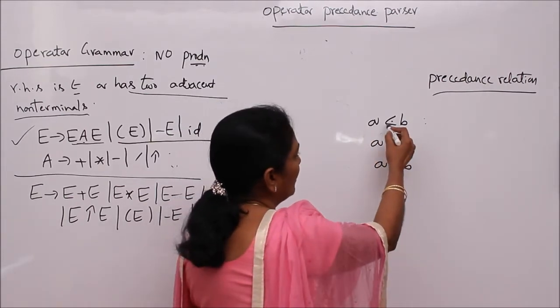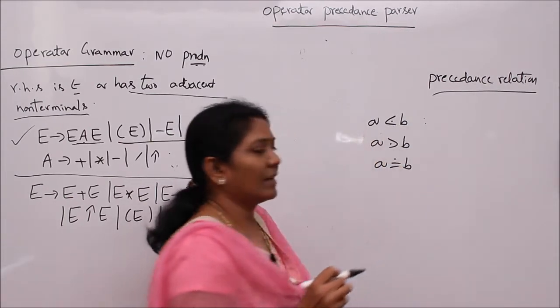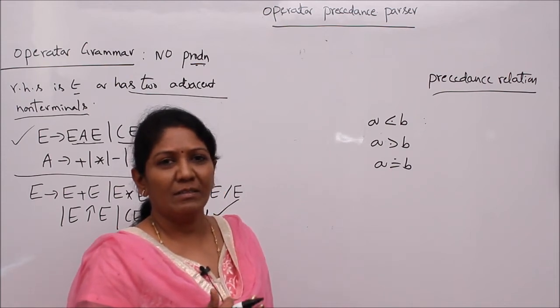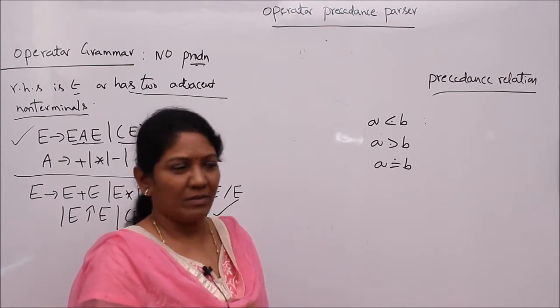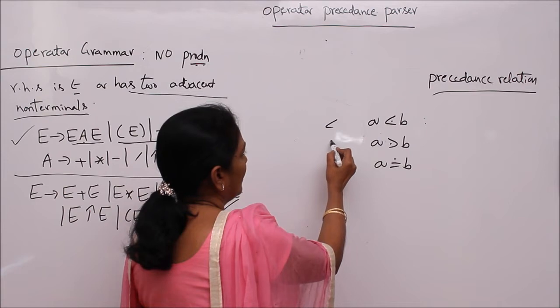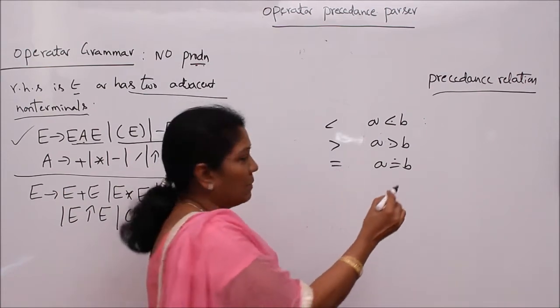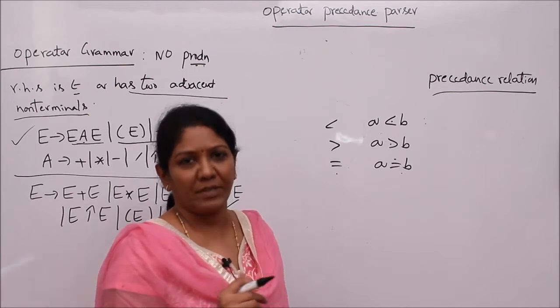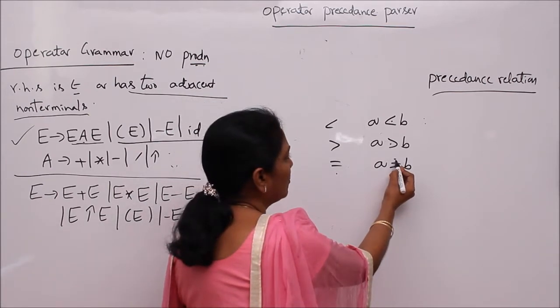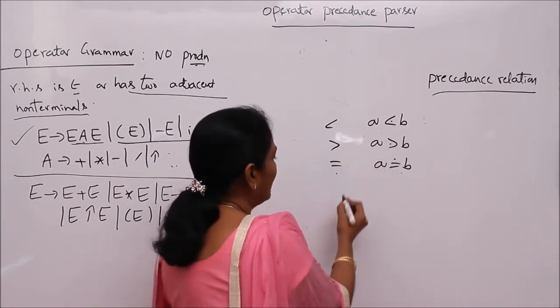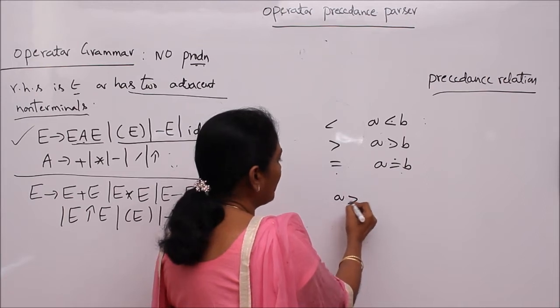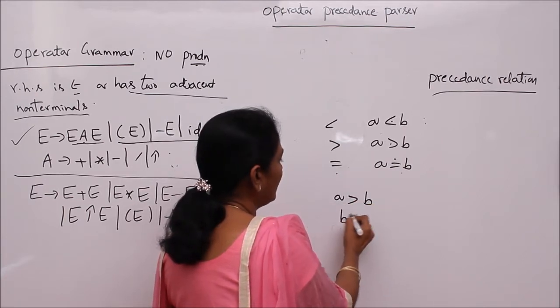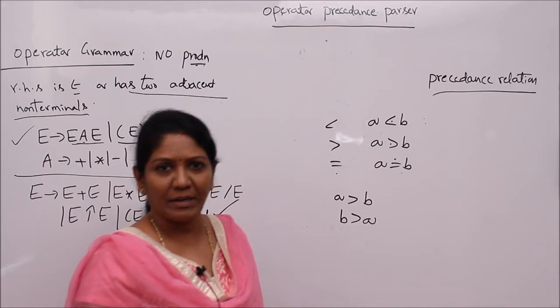So you have three operators: less than, greater than, equal to. This may look like relational operators, like less than, greater than, equal to. Remember, precedence relation operators and relational operators are different. That's why, to distinguish between the two, there is a dot here. The difference is, at any point of time, can you have A greater than B and B greater than A in relational operators?